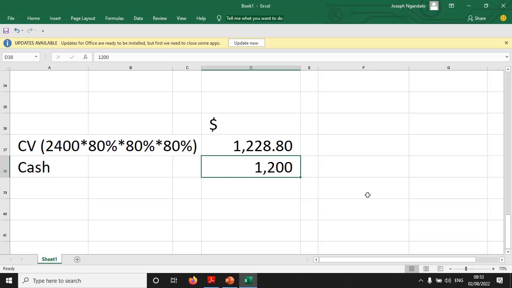There are two divergent views, and it is impossible for two answers to be correct. Somebody is now smiling there. So which one do you go for? It's a loss of how much? 28 point what? 8.